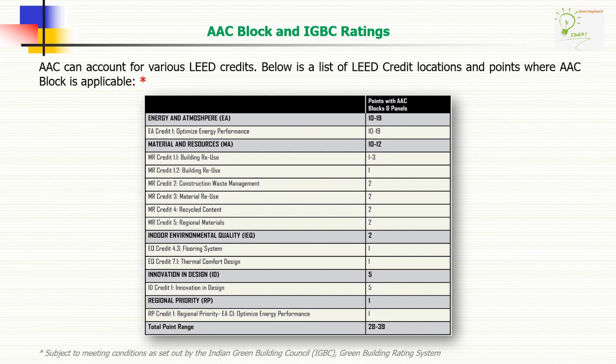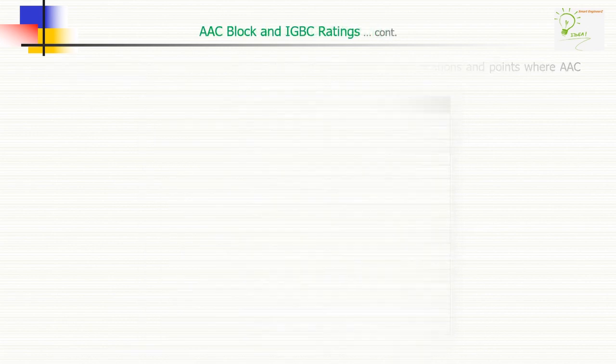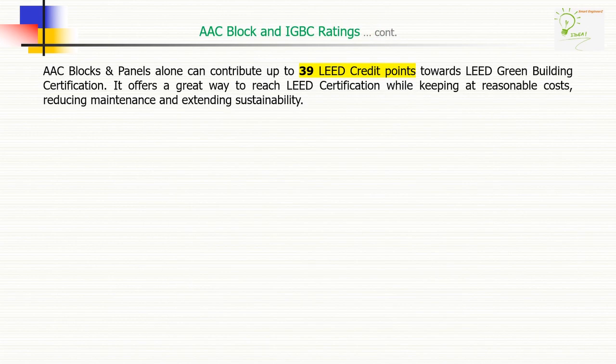As you can see, the total point range is 28 to 39 points. So, AAC blocks and panels alone can contribute up to 39 LEED credit points towards LEED Green Building certification.